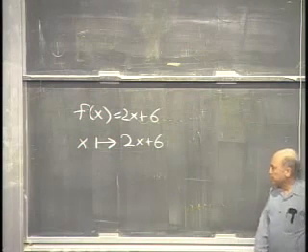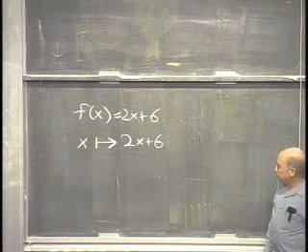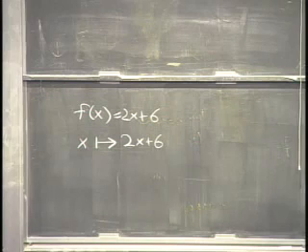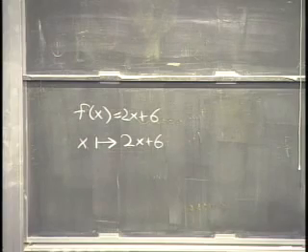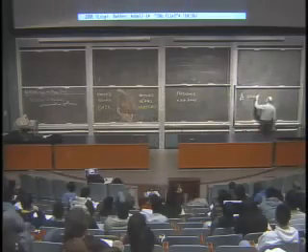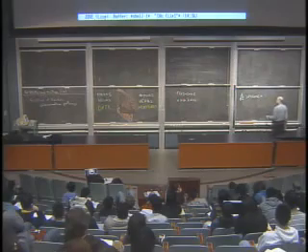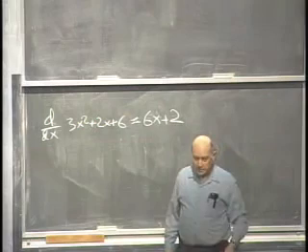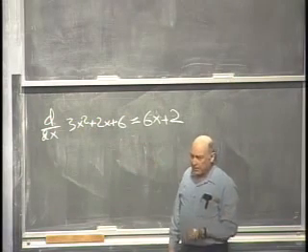So you say, well, 2x plus 6 is a boring example, but you say d by dx of, let's do this, 3x squared plus 2x plus 6 equals 6x plus 2, right? You see that all the time in calculus class.